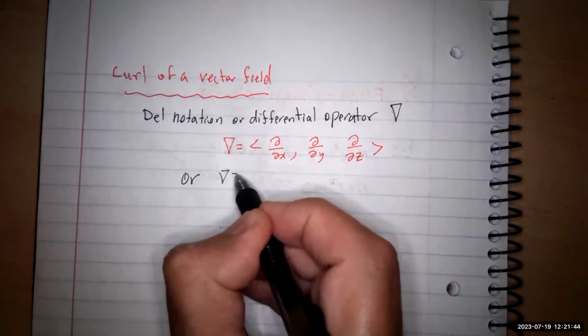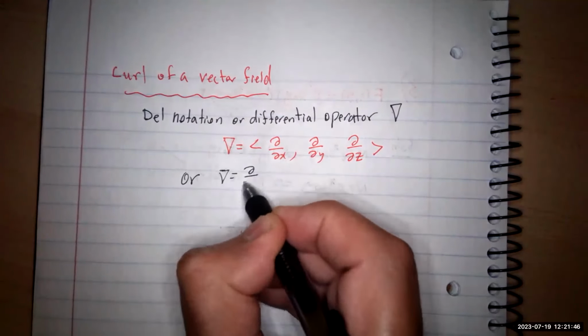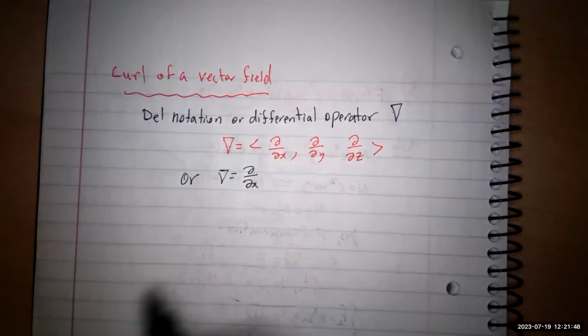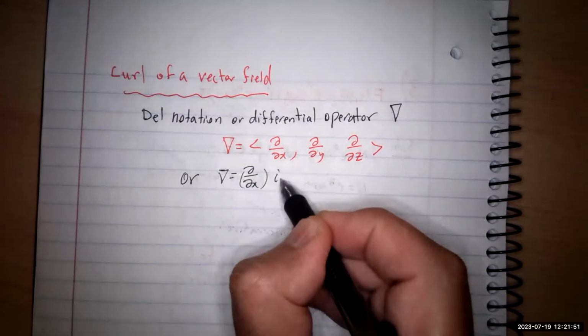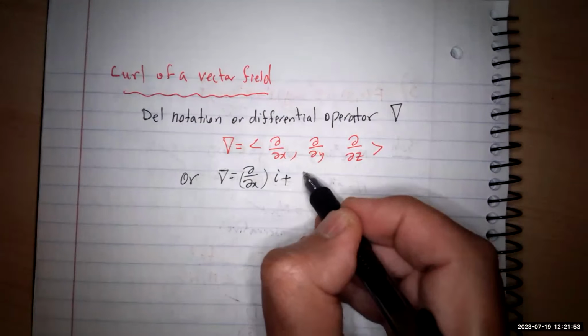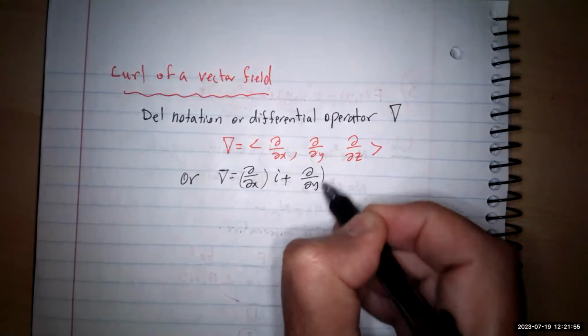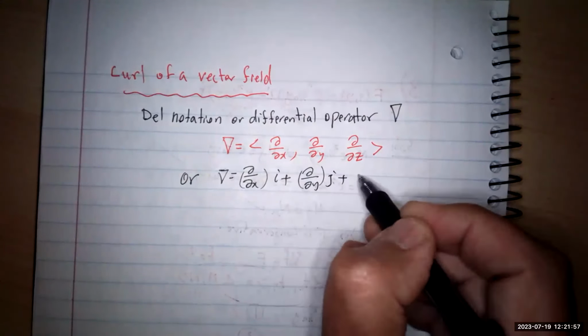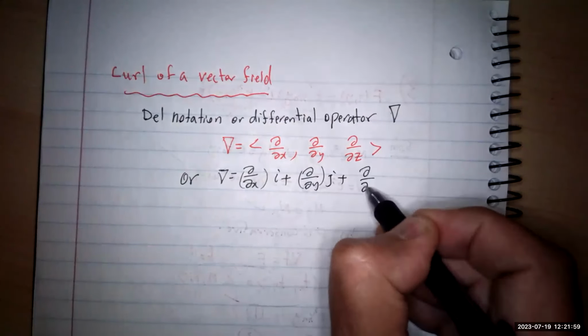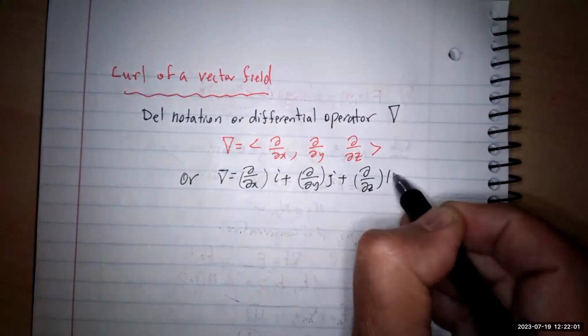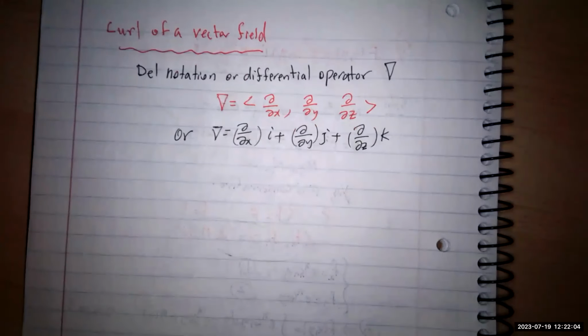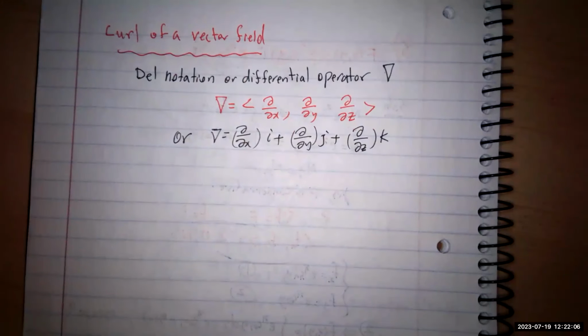it can be used in this format: round x i, round y j, and round z k. It would be helpful to have this notation. Now let's consider a vector field in three dimensions.